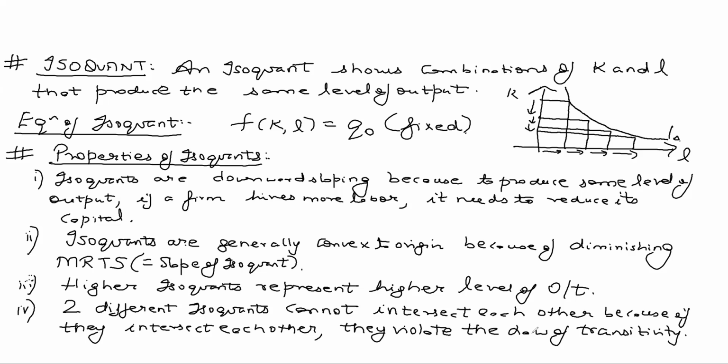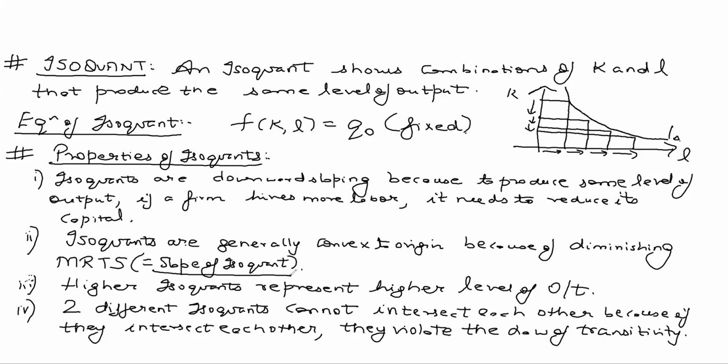So that is possible only by reducing capital if you are hiring more labor. Okay. Second thing, isoquants are convex to the origin because of diminishing marginal rate of technical substitution, which we also call as the slope of the isoquant. Higher isoquants represent higher level of output. Two different isoquants cannot intersect each other because if they intersect, they violate the law of transitivity.